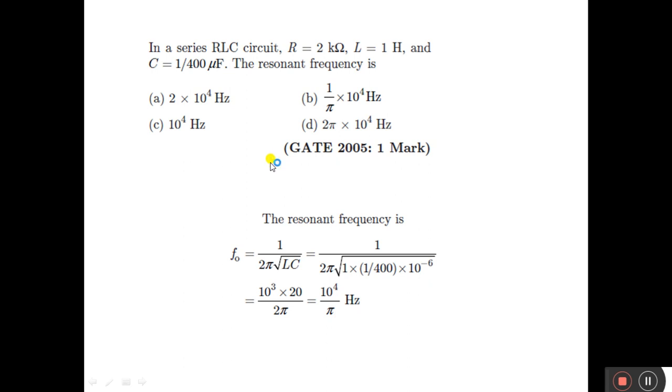If you bring that to the numerator, you get 10 power 3 into 20 divided by 2 pi. This 2 and 2 cancel, so 10 power 3 into 10, so 10 power 4 by pi hertz is the correct answer. So option B is correct, that is 1 by pi into 10 power 4 hertz.